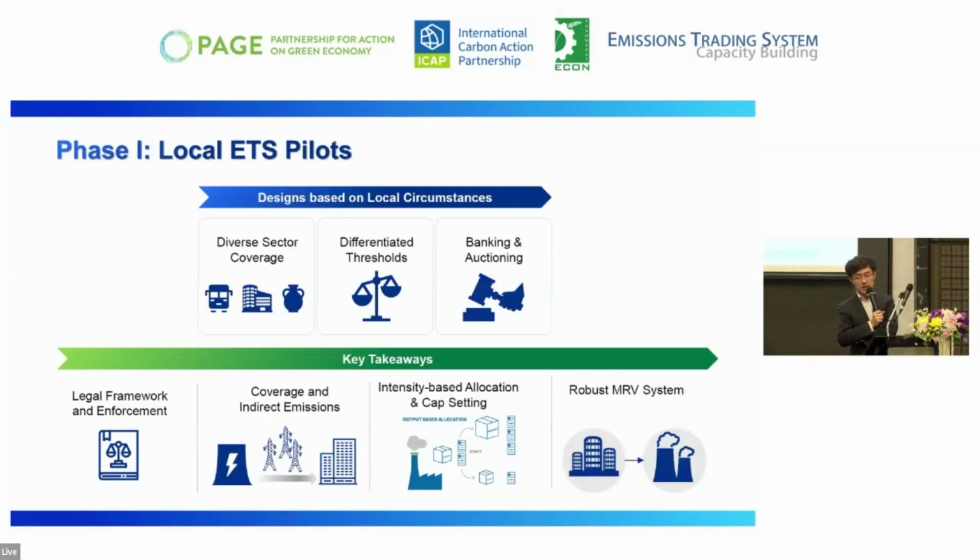So then eventually China started to use the benchmark methodology, the benchmark approach, to allocate the emission allowances. So these are the accumulated experiences from the pilots, and also regarding auctions. Regarding the 7 pilots, it's not like all 7 pilots freely allocated the allowances at the beginning.